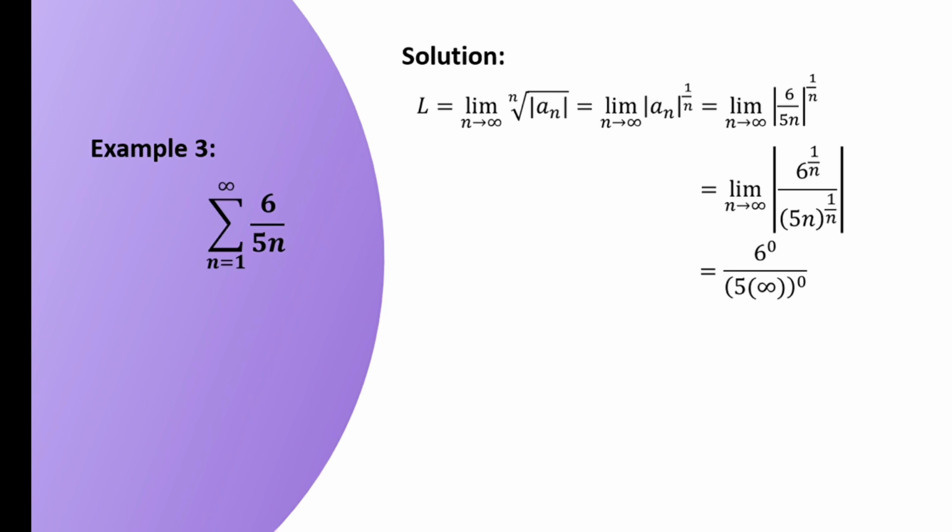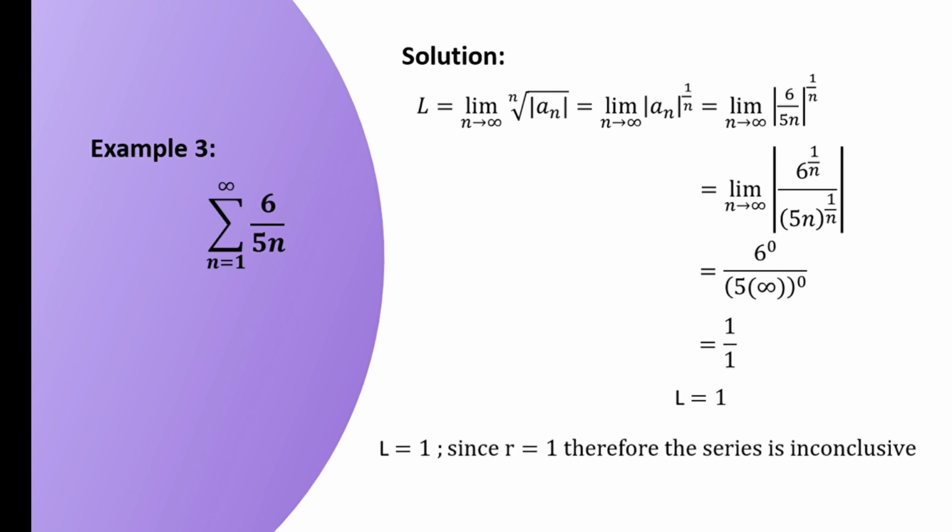Since any exponent of 0 is equal to 1, our L now is equal to 1 over 1, which is also equal to 1. Our L or limit now is equal to 1, and since it is equal to 1, therefore our series is inconclusive. When the situation is like this, we look for a different test to determine whether our series converges or diverges.